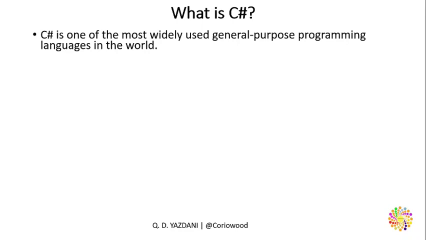Whatever I said, if it doesn't make sense to you, later on it is going to make perfect sense, and at the end of this course you're going to be able to explain object-oriented, imperative, declarative, functional, and then generic and dynamic programming. C Sharp is one of the programming languages designed for common language infrastructure, or we can call it the CLI platform. So what is CLI? CLI is a standard for describing executable code and the environment in which it runs.